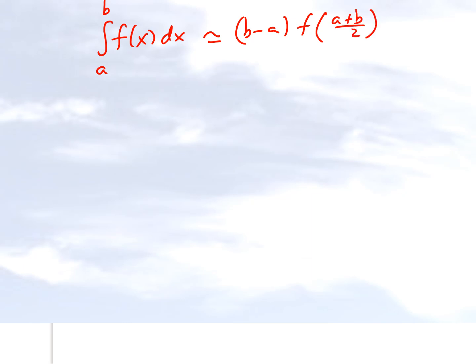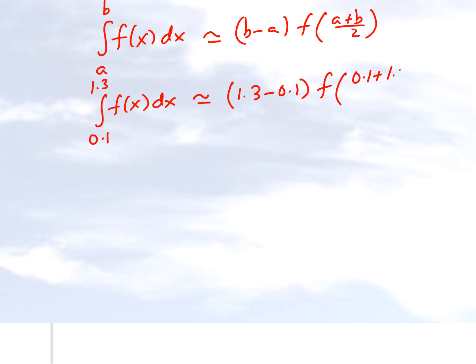So we have the formula for the one-point Gauss quadrature rule, which is simply b minus a times the value of the function at the midpoint. In our example, the integral from a to b, with a being 0.1 and b being 1.3, would be 1.3 minus 0.1 times the value of the function at 0.1 plus 1.3 divided by 2.